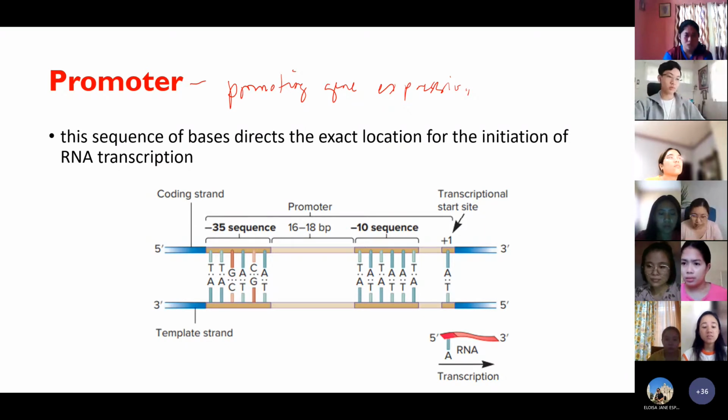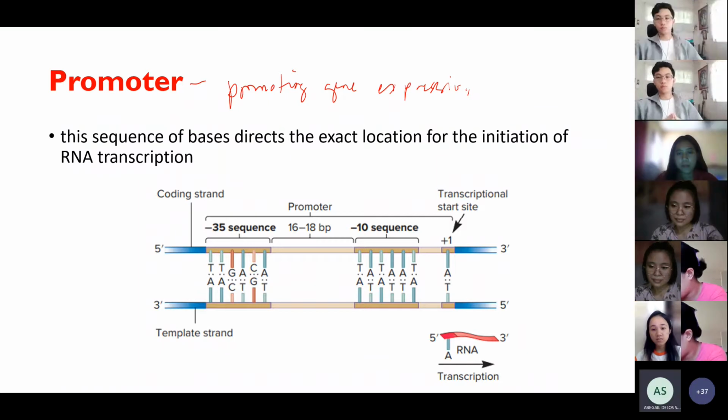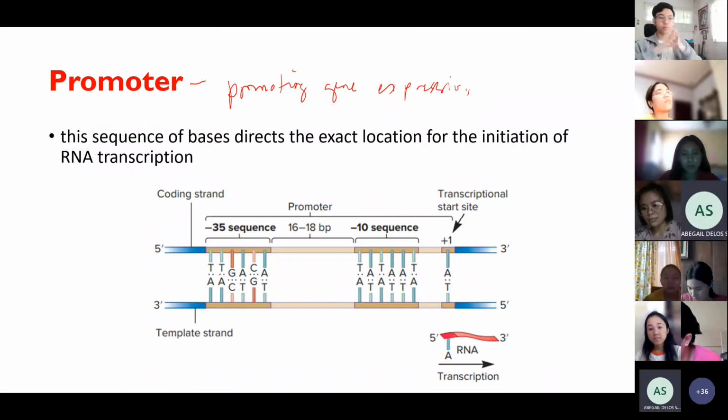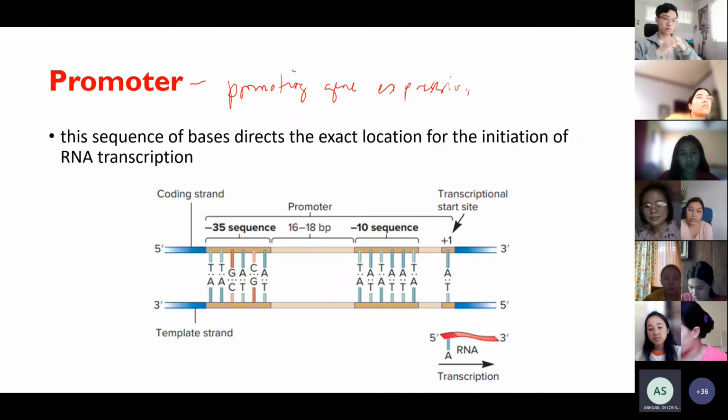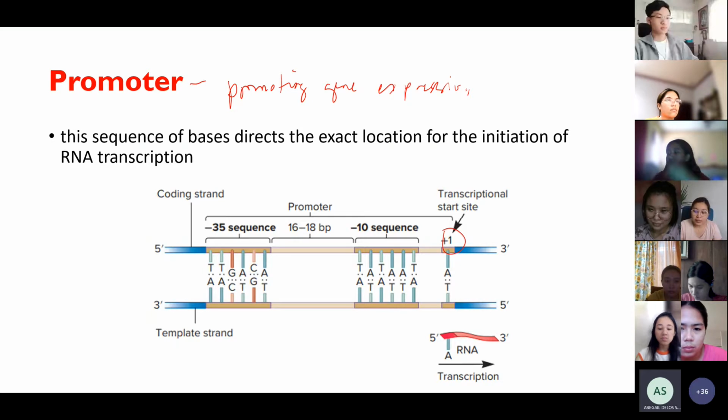The bases in our promoter sequence are numbered in relation to the transcriptional site. Here in our figure, the site is the first base that is used as a template for RNA transcription and is denoted as +1. The bases that precede the site are numbered in a negative direction. So here, this is our transcriptional site, and it goes toward the negative.